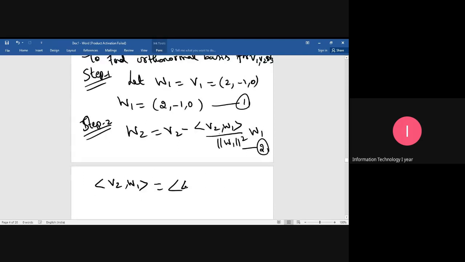So 4 into 2 is 8, plus minus 1 into minus 1 is plus 1, plus 0 into 0 is 0. This is 9. So the inner product of V2 and W1 is 9.